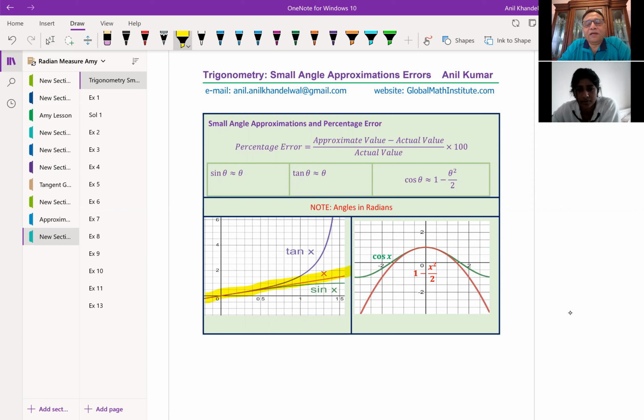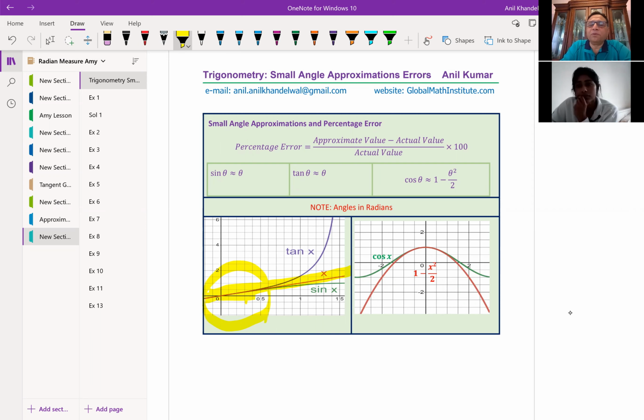And then we have sin x and tan x graphs, sin x being slightly lower than the value of x, and tan x slightly higher than the value of x, especially in the region where the angle in radians is very small, correct? Especially in this part, when the radian angle is less than 0.5, sine, cosine, and tangent values are pretty close to x.